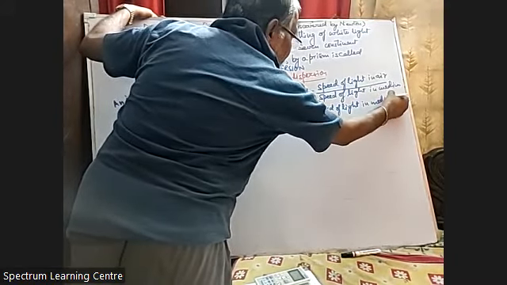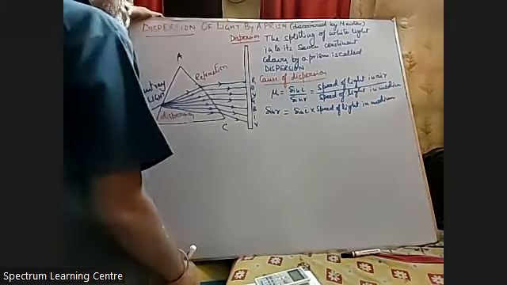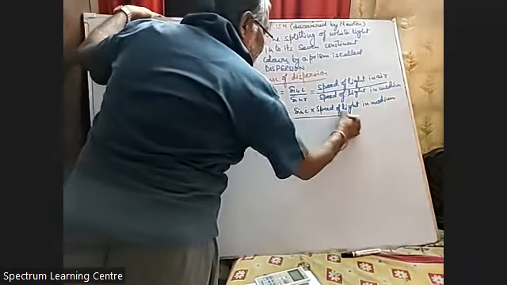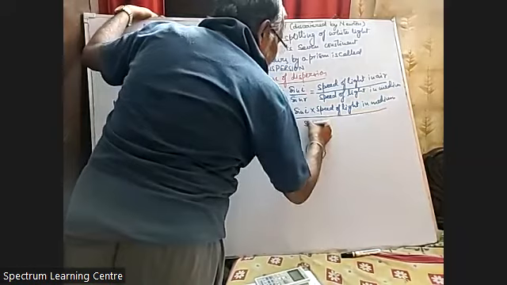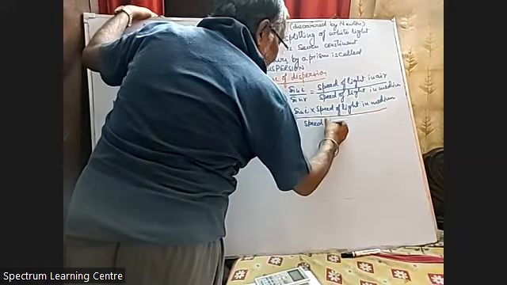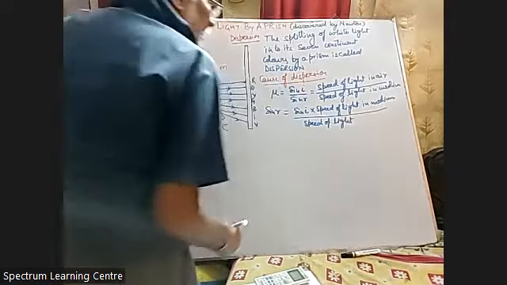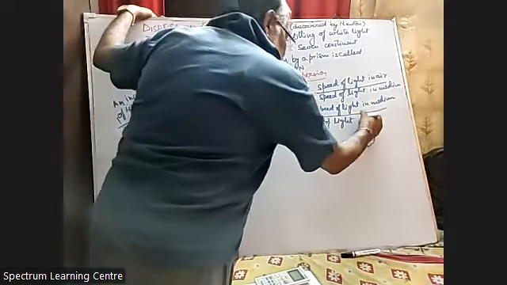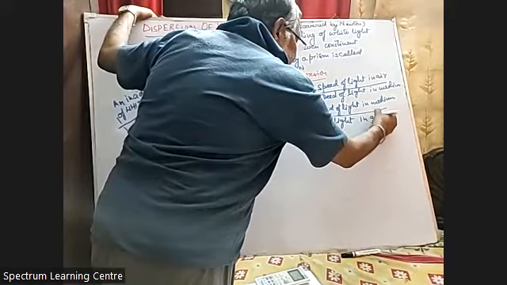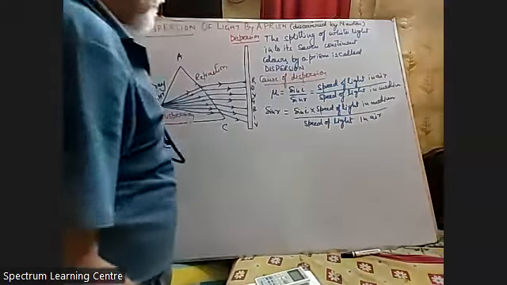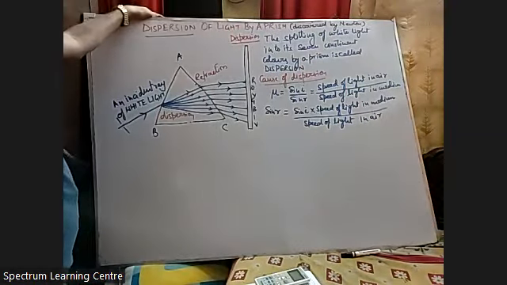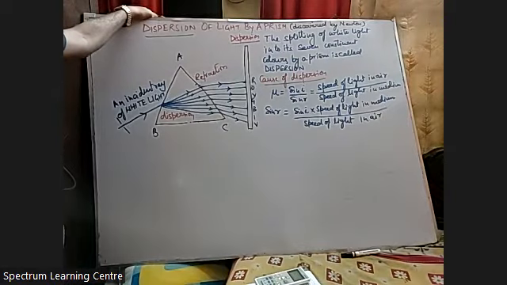I am just doing the cross multiplication, divided by speed of light in air. Clear? Yes, sir.